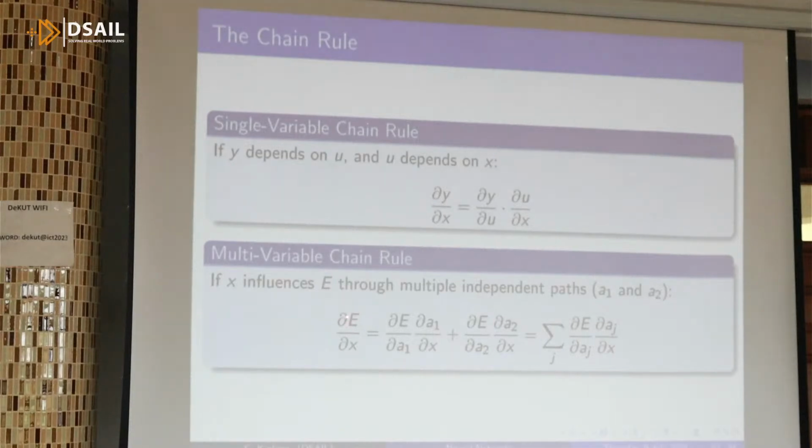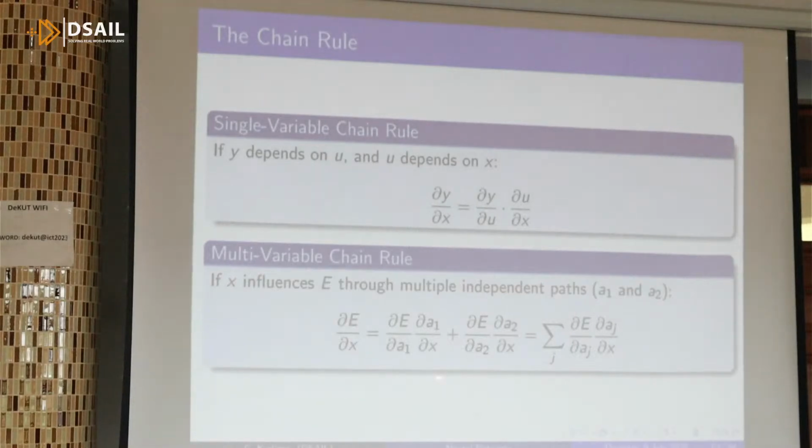So the derivative of E with respect to x is the derivative of E with respect to x along path 1 plus the derivative of E with respect to x along path 2. And if you have in total j paths, why are we doing paths here? We are doing paths here because we see if we trace the error that we are computing here, it's affected by the various weights along different paths.